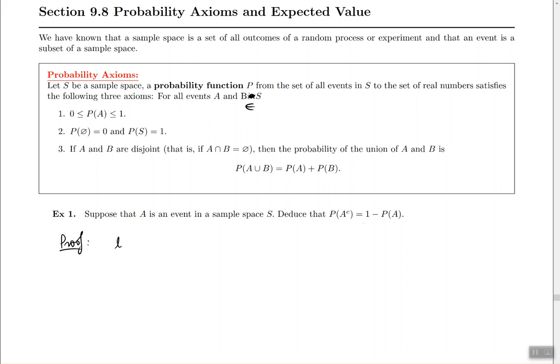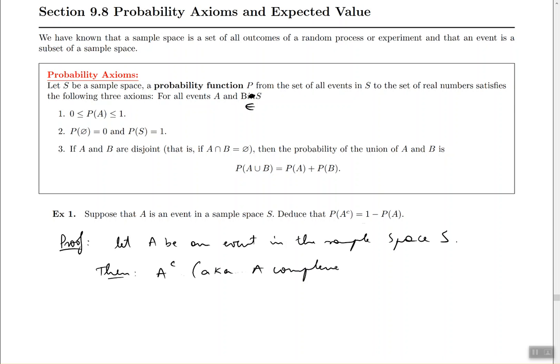I'm going to say, let A be an event in the sample space, and the sample space is called S. So automatically, A complement and A have nothing in common.